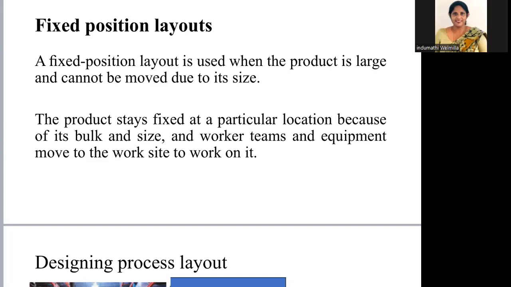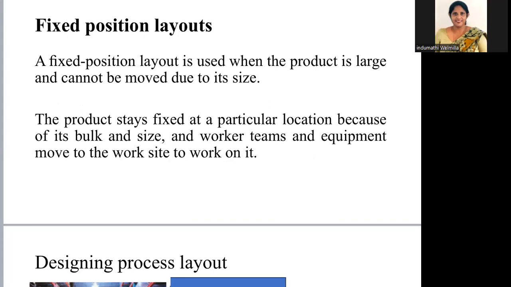So there are more examples we can say, no? The layout of shipbuilding yards, bridge construction sites, and so on. So the layout is suited for projects and high-tech jobs of the production process, right?